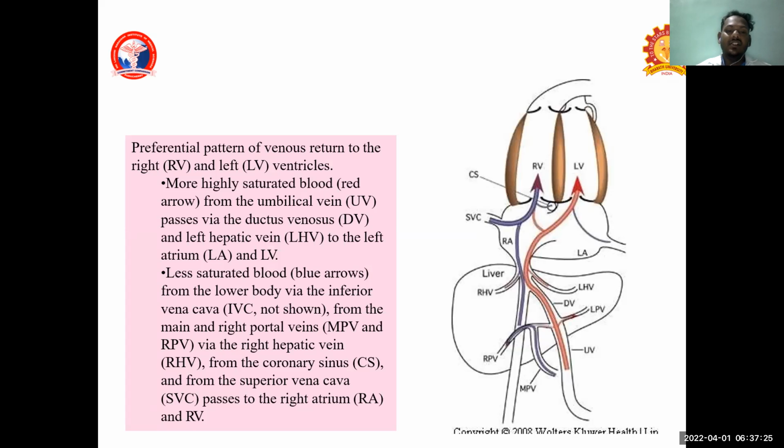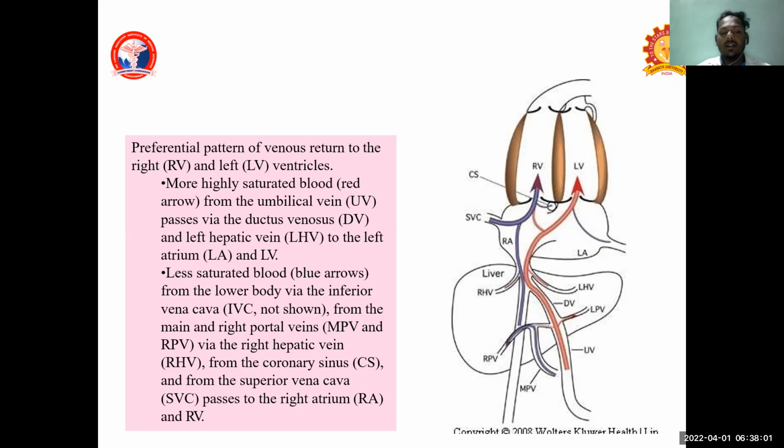So, the preferential pattern of venous return to the right ventricle and left ventricle. More highly saturated blood from the umbilical vein passes via the ductus venosus and the left hepatic vein to the left atrium, and from the left atrium it reaches the left ventricle.